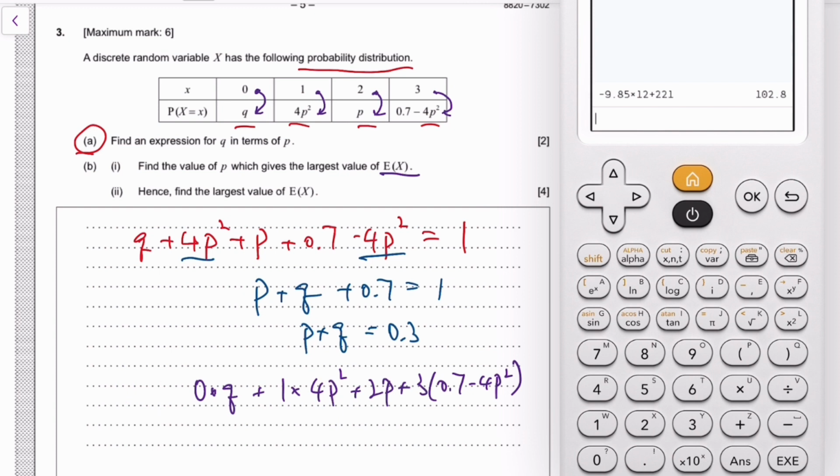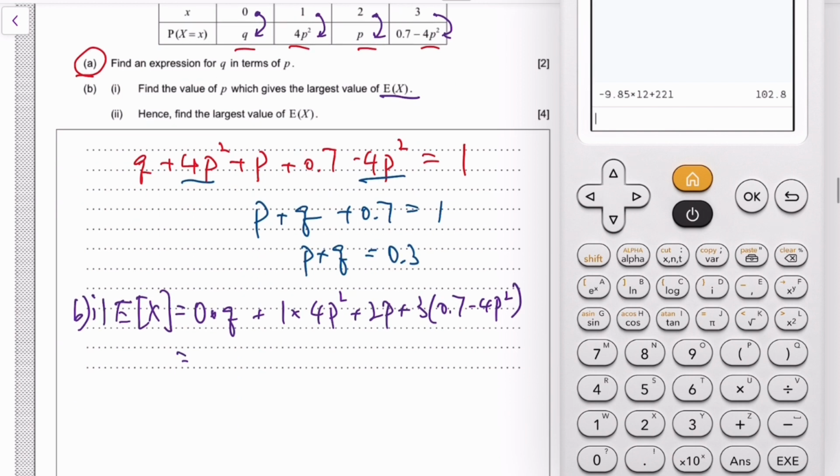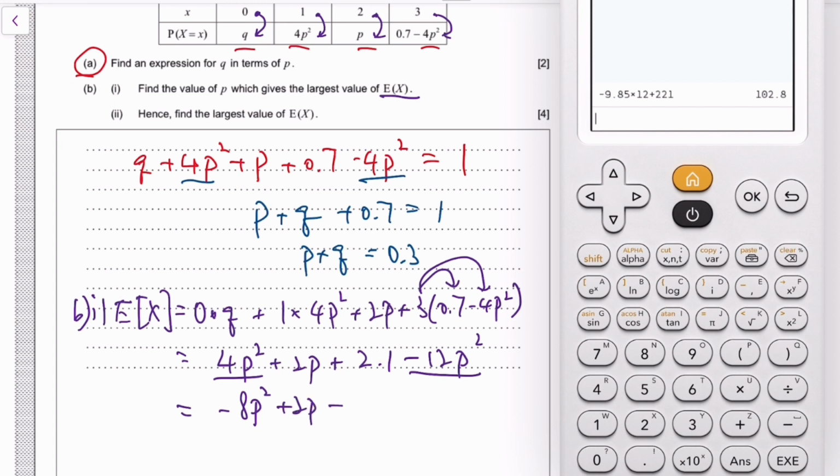That's the expectation. So that's 0 plus 4p squared plus 2p plus 3 times 0.7, 2.1, minus 3 times 4p squared. Simplify a bit: 4p squared minus 12p squared is minus 8p squared, plus 2p plus 2.1.